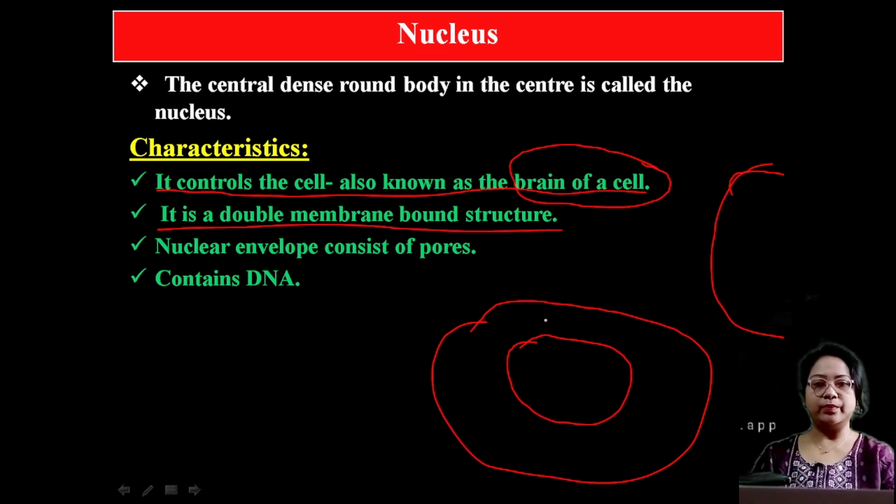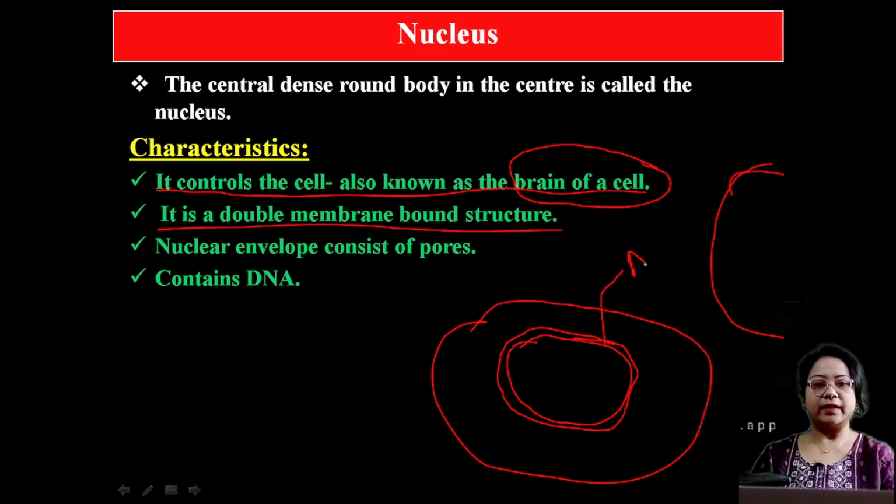Double membrane bound structure means it has two layers. That means double membrane, one, and this one is the second one. Now what is it called? It is called the nuclear envelope.